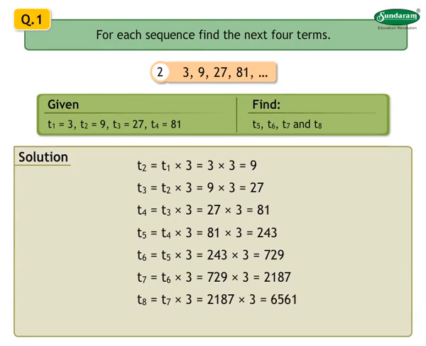T8 is equal to T7 into 3 is equal to 2187 into 3 is equal to 6561. Here, each term is multiplied by 3 to get consecutive numbers. The next four terms are 243, 729, 2187 and 6561.